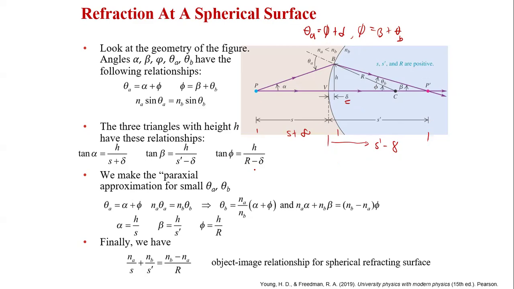So here, the s is positive, s prime is the same as the outgoing light, positive. The r is also the same, the r is also positive, right? It's the same, the radius of the curvature, r is on the same side of the outgoing light. So this is positive, positive, positive.